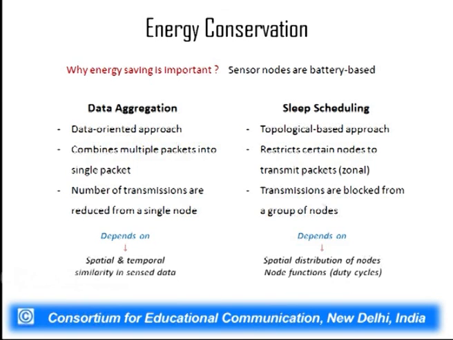The number of transmissions is reduced, because instead of sending a packet every time it gets a new one, with aggregation we summarize the values into one packet and then send it. So obviously the number of transmissions gets reduced drastically, and it will certainly depend upon the temporal and spatial similarity that inherently exists between the data sensed by sensors in close proximity.